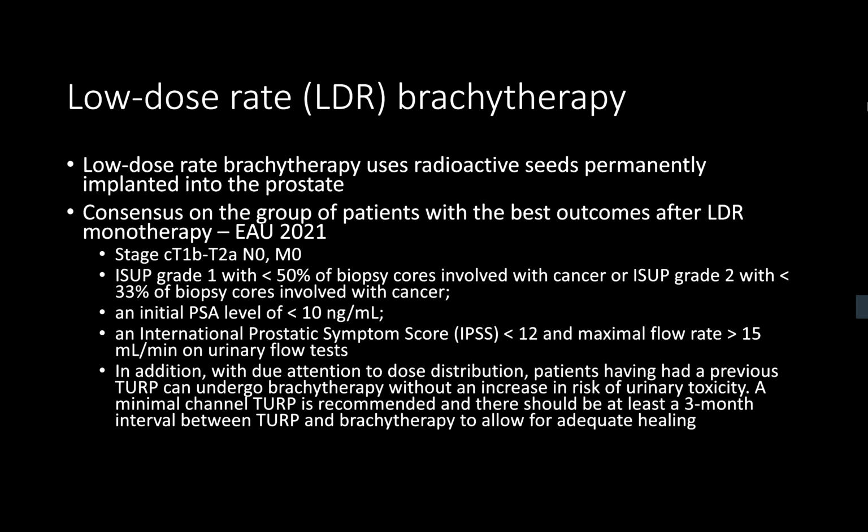Brachytherapy is a form of radiation which is given locally in the prostate, and it is of 2 types, high dose rate and low dose rate. Both have their own advantages and disadvantages. Low dose involves iodine 125 or palladium 103, while high dose involves iridium 192.